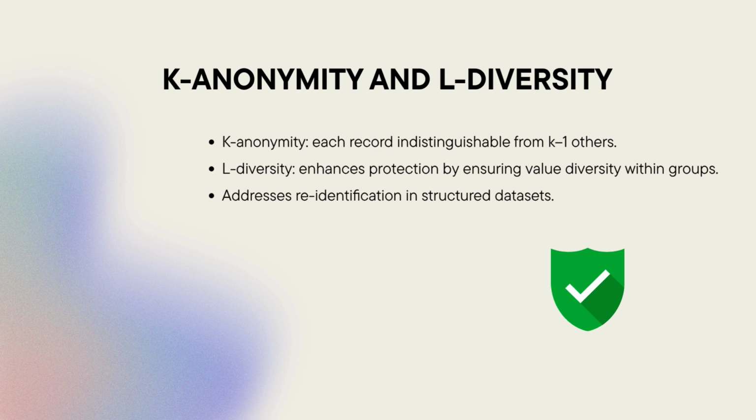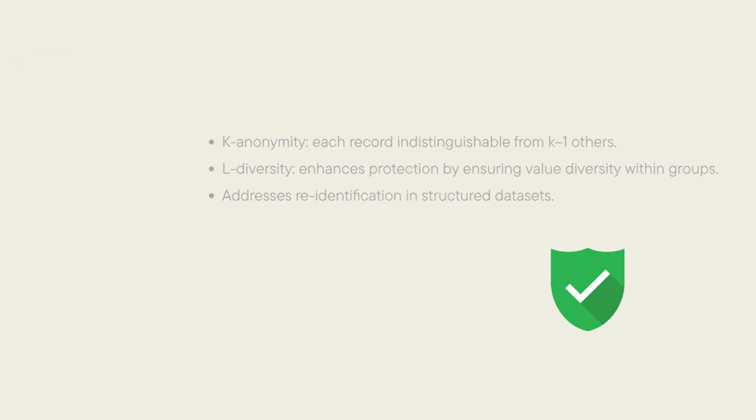It requires diversity within those sensitive values to reduce predictability. These techniques are foundational in data anonymization, especially for health and finance datasets, where structured tables are common. They form part of a broader privacy toolkit that evolves to counter re-identification attacks in modern data analytics.